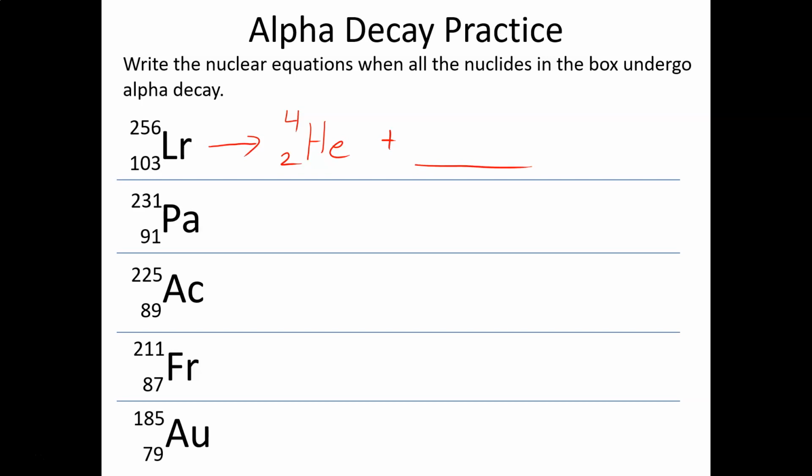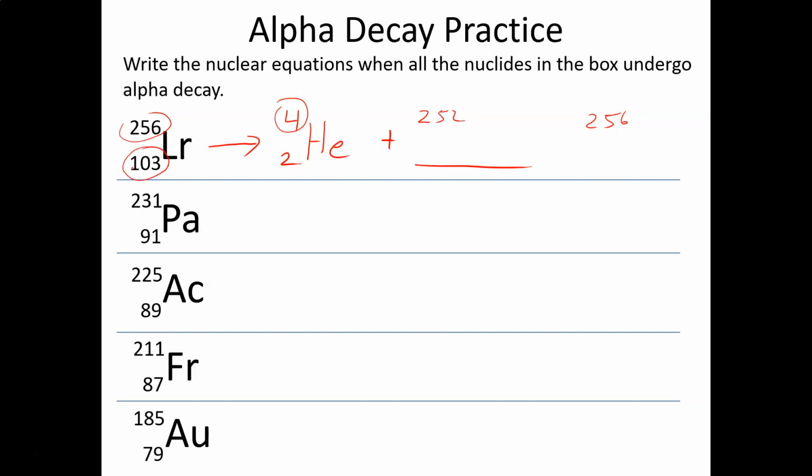So again, we got to do a little bit of math. We know that the total mass over here is 256. We need the mass over here, the total, to be 256 total. But we already have 4 protons and neutrons that have been given off here. And so if we subtract that 4 away from the 256, we're going to get 252 for our mass number of this new element.